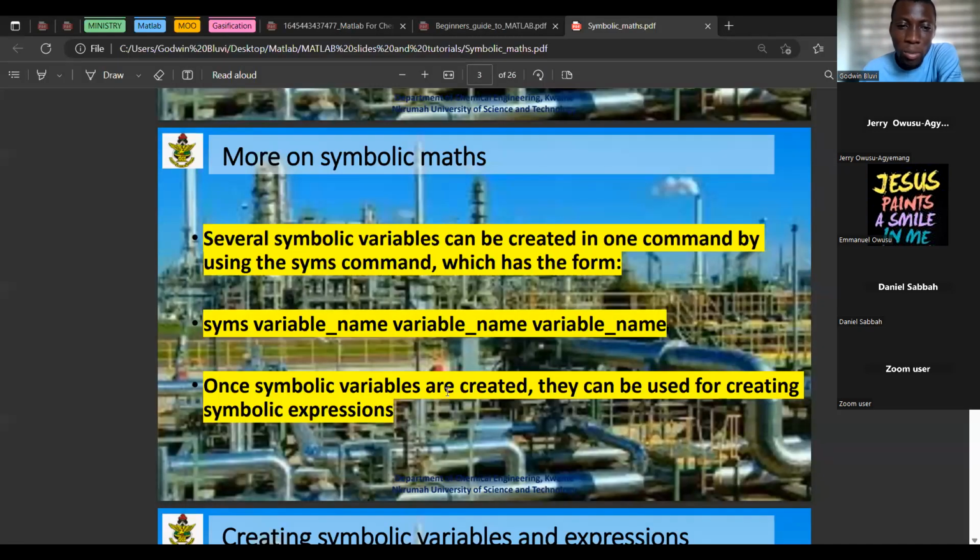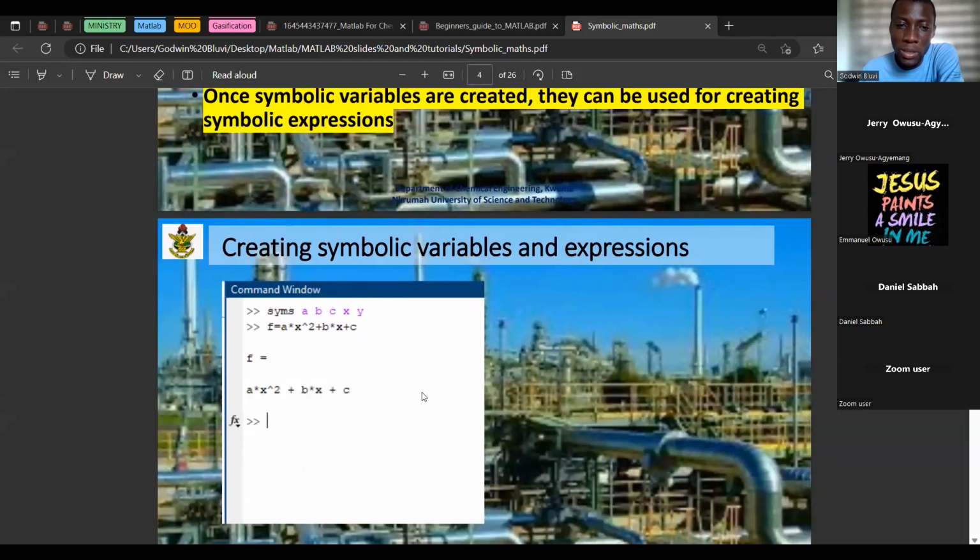Now, once symbolic variables are created, they can be used for creating symbolic expressions. Like in this example: syms A, B, C, D, X, Y, and then F is equal to AX squared plus BX plus C. So let's create something like that.